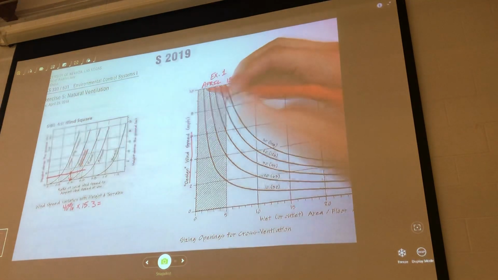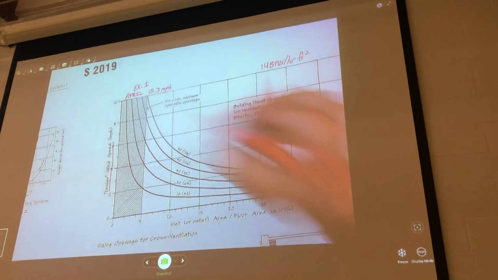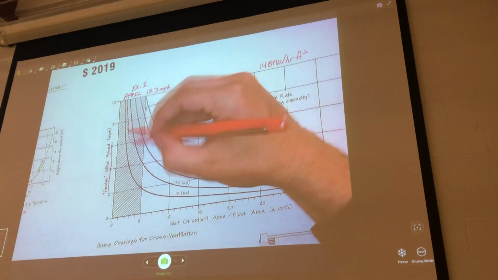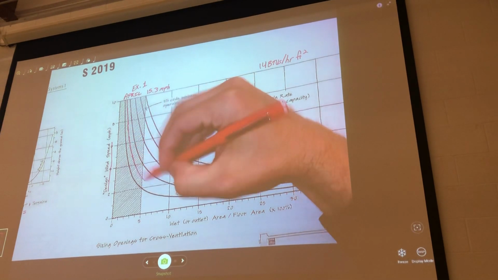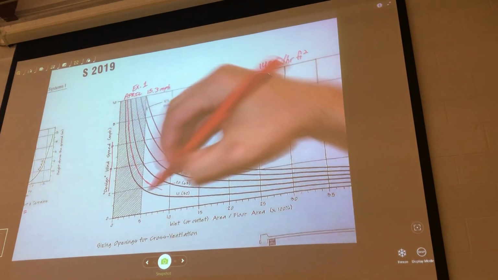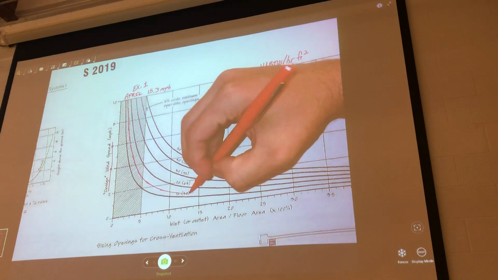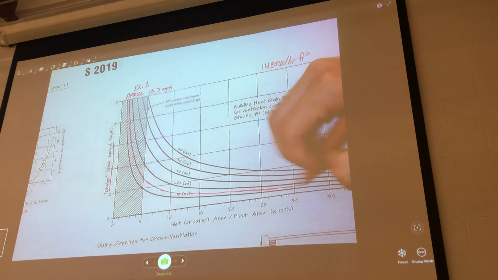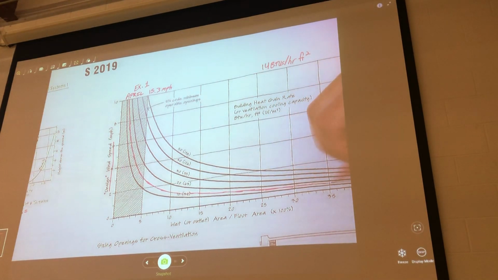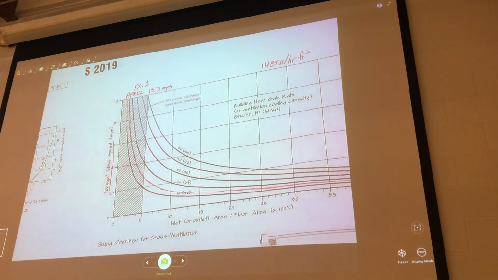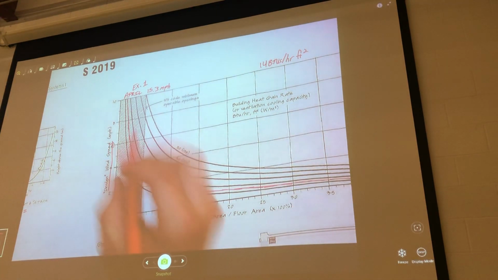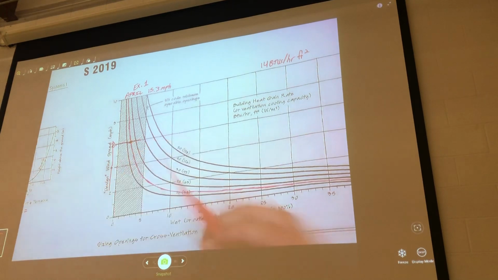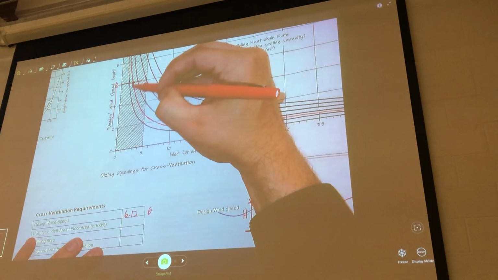So let's draw our line at our 14 BTUs, just shy of halfway. And we've got 6 miles per hour. Come straight across, and where we intersect, we're going to draw our line straight down.